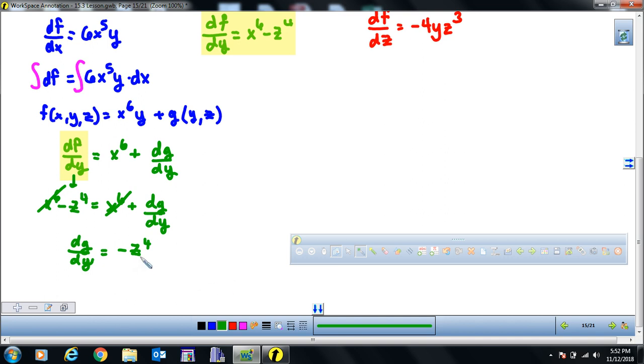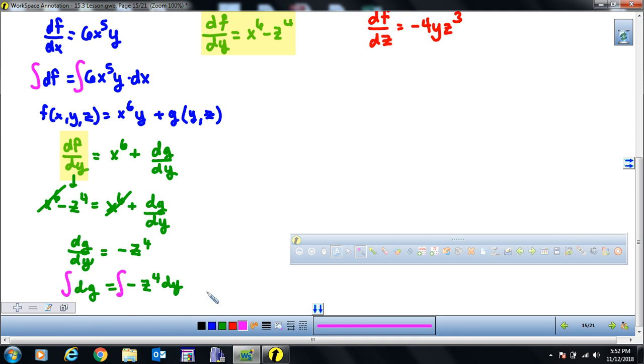So now to get that function g back, I need to integrate again. But now that integration, when I move the dy over, is going to be with respect to y.